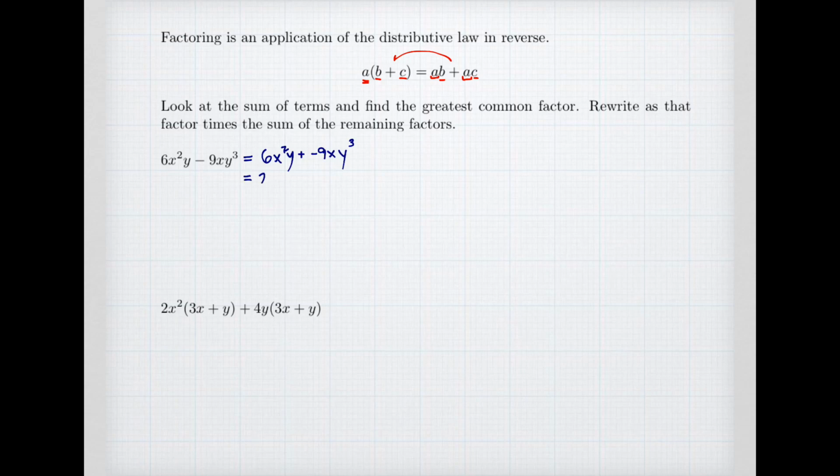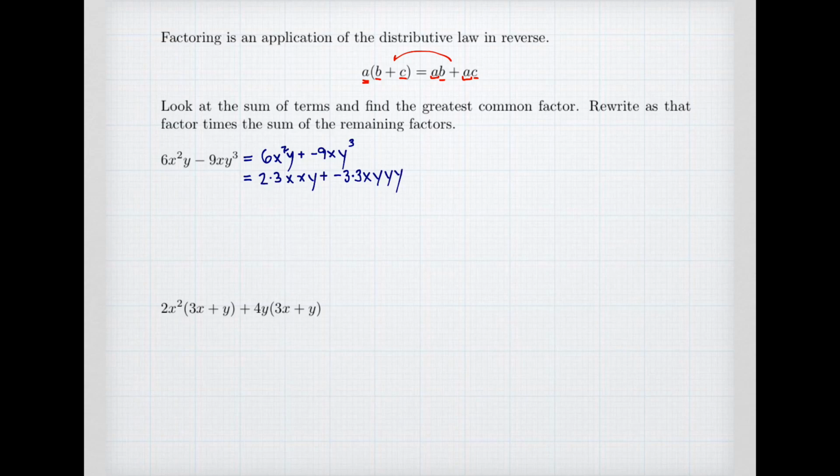So I have 2 times 3 gives me 6, x squared is x times x, times y. We wouldn't normally write that out, but I'm just doing it to emphasize it. Plus negative 9 is negative 3 times 3, times x times y cubed.